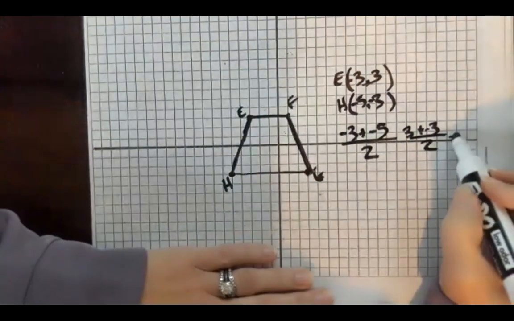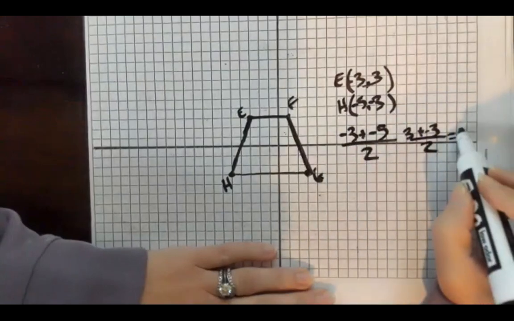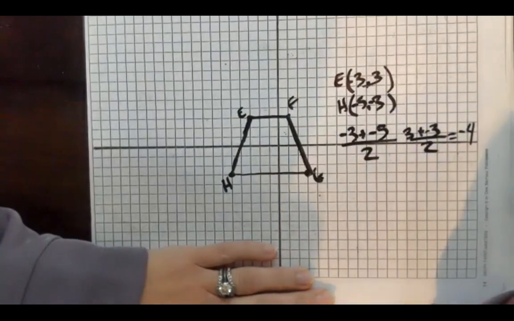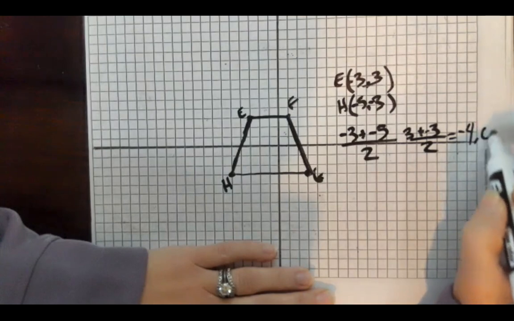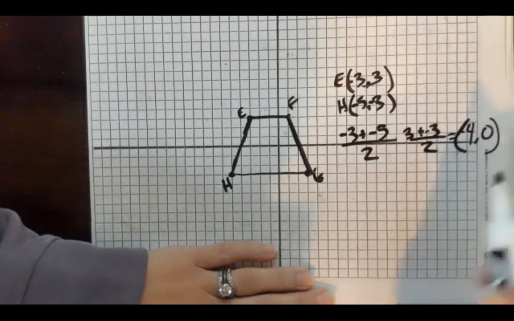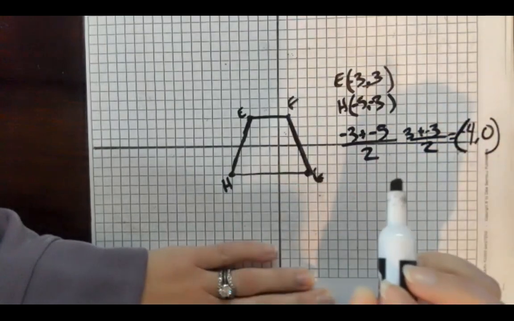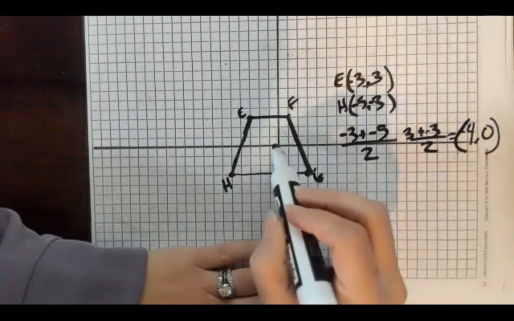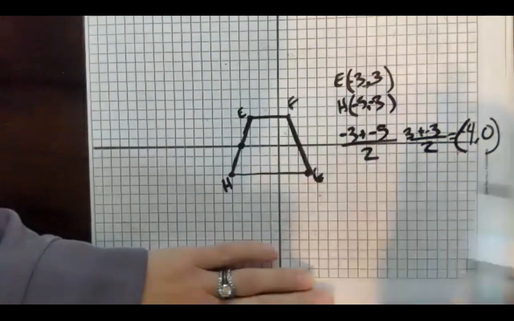So I have negative 8 divided by 2, so I have negative 4, and I have 0. So negative 4, 0. 1, 2, 3, 4, right there.